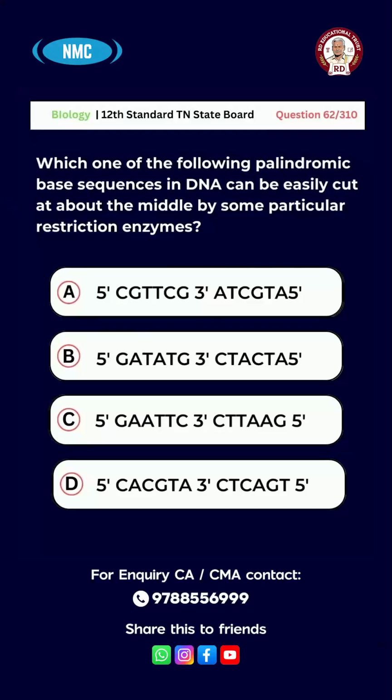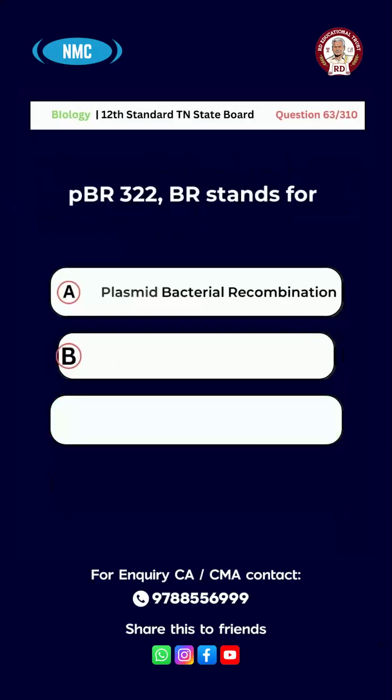Option C. 5'-GAATTC-3' / 3'-CTTAAG-5'. Option D. 5'-CACGTA-3' / 3'-CTCAGT-5'. The right answer is option C, 5'-GAATTC-3' / 3'-CTTAAG-5'.